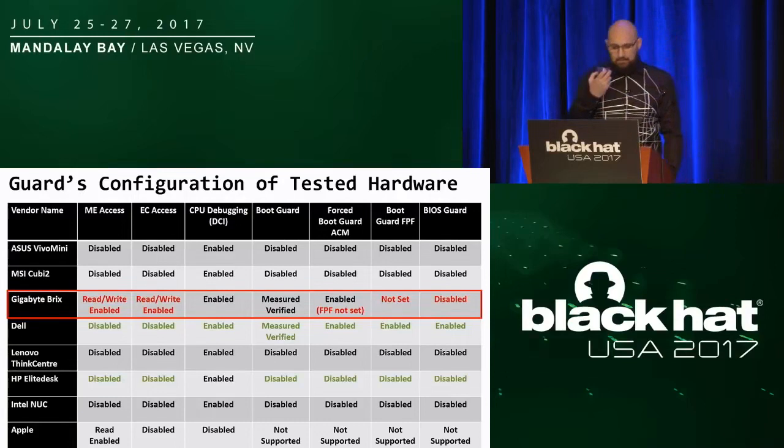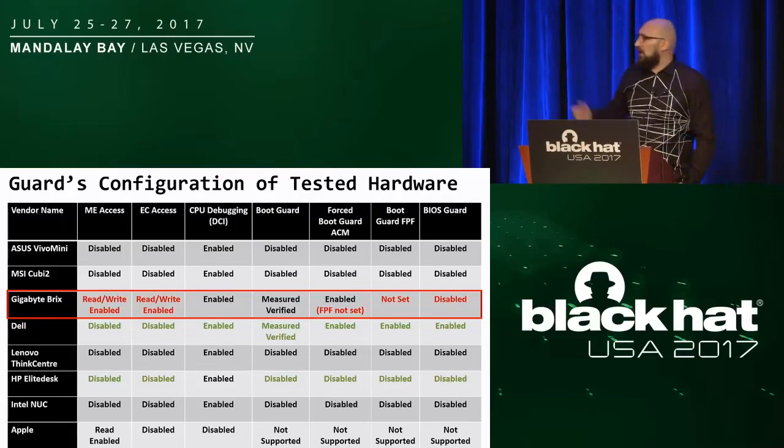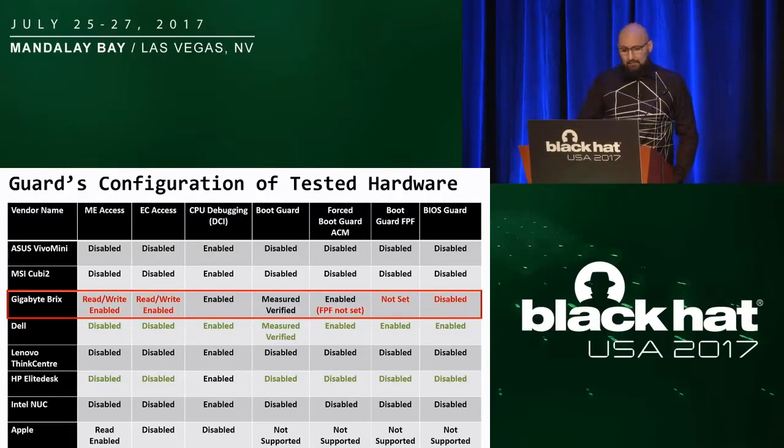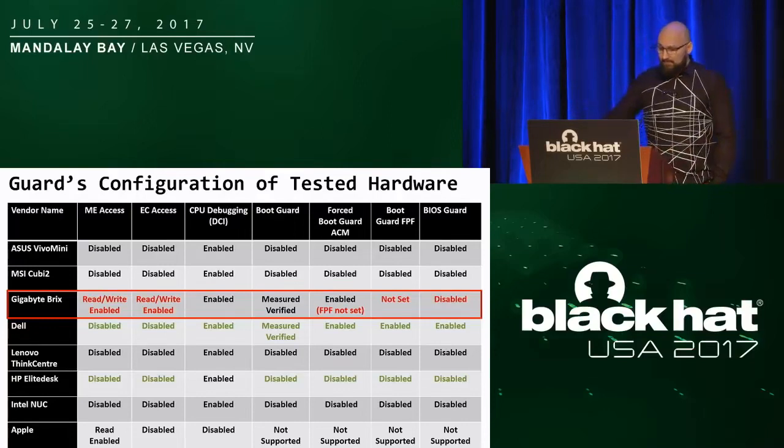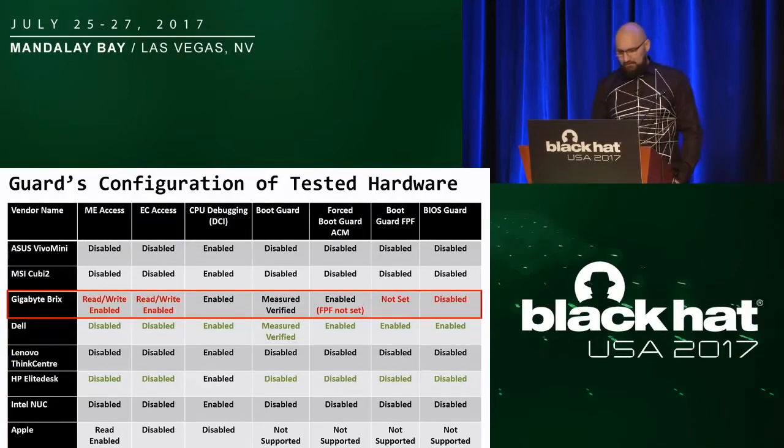Wow, interesting. The scheme of how it should be is highlighted in green. So ME access should be disabled, embedded controller access should be disabled, and the Boot Guard configuration should be locked by hardware. Even if it is not enabled, it should be locked or disabled.